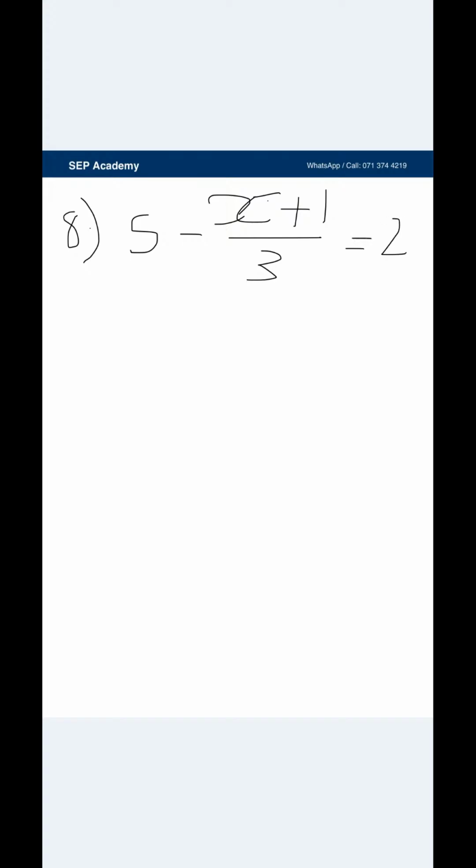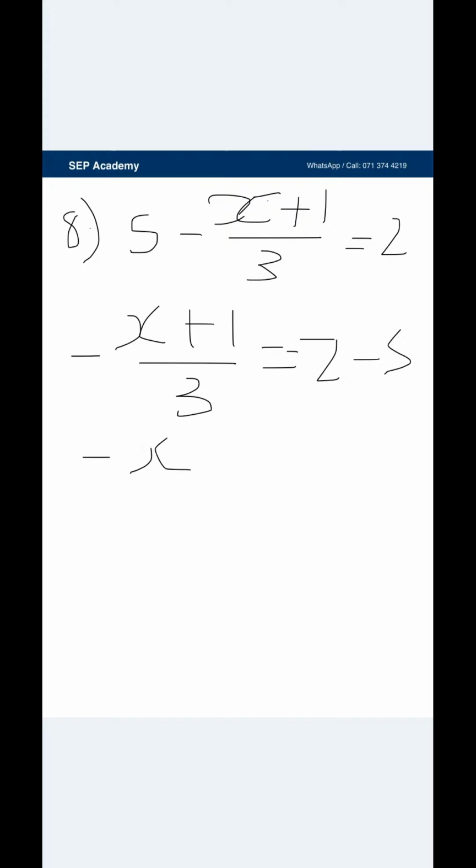It shouldn't be complicated, because I will just take that 5 to the other side. So that means here I'll just remain with that, which should be equals to 2 minus 5.